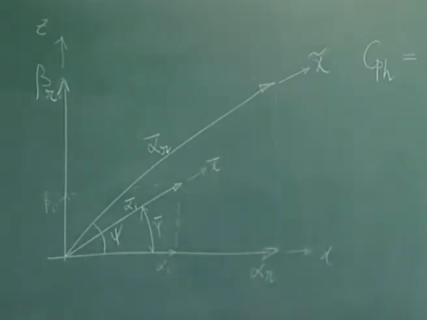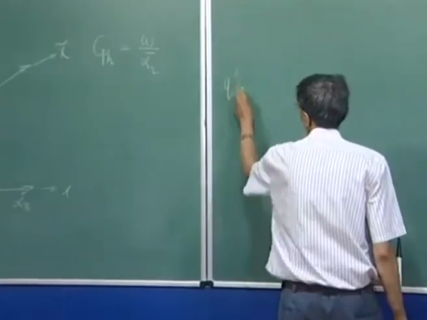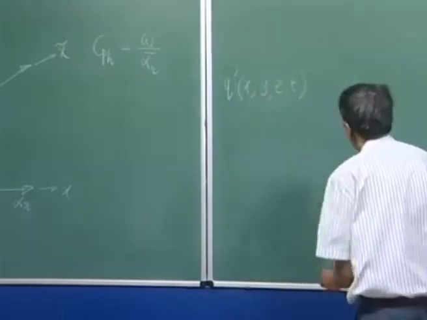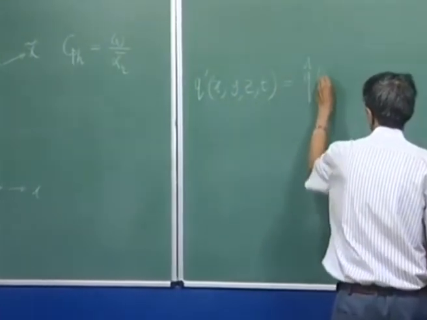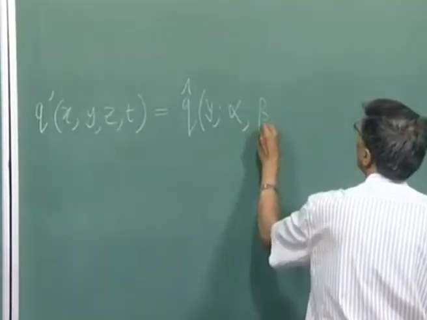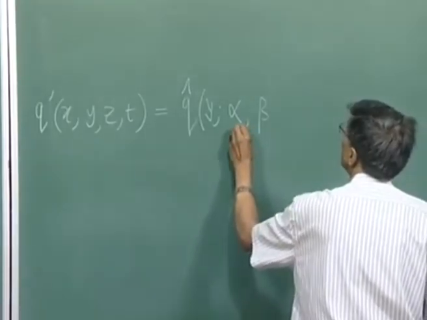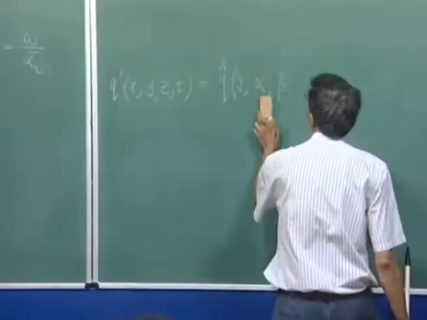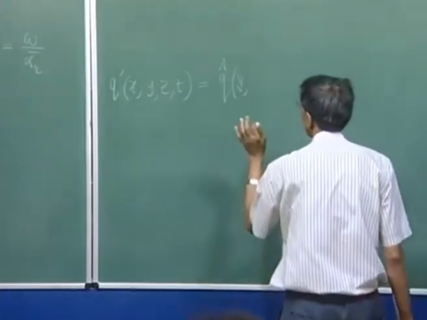Then the disturbance field that we are talking about as a function of space and time, I will write as, once again, the amplitude function of y. Then I will have alpha, beta. Well, they are going to be now the parameters, which I will write a little more carefully.